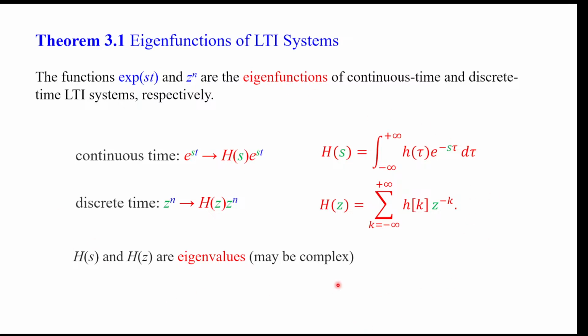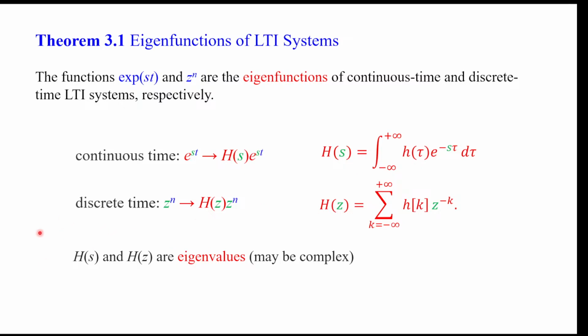So here is what we want to say. We derived that any LTI system has eigenfunctions and associated eigenvalues. For continuous time, the eigenfunction is e to the st, and the eigenvalue is H of s, equal to the integration of small h of tau multiplied with e to the minus s tau.